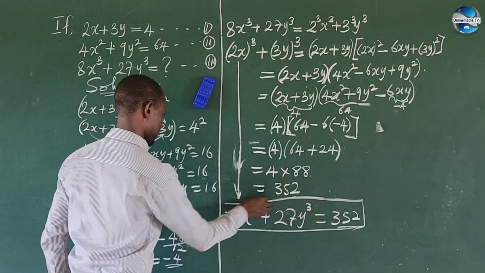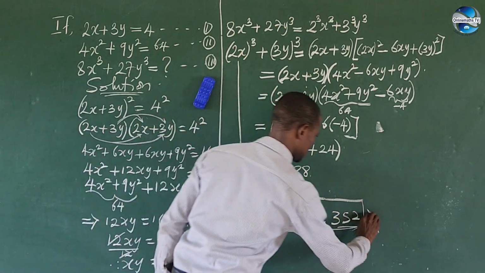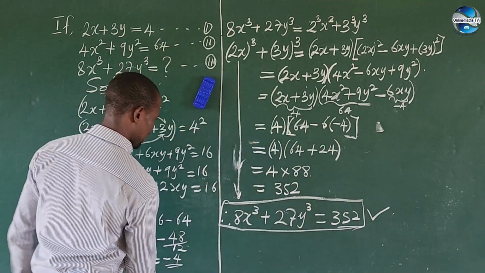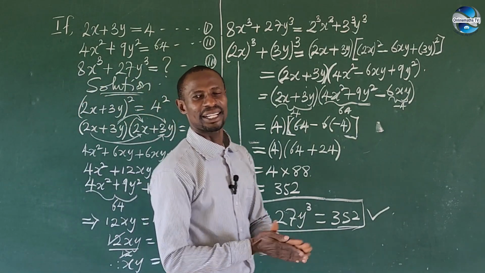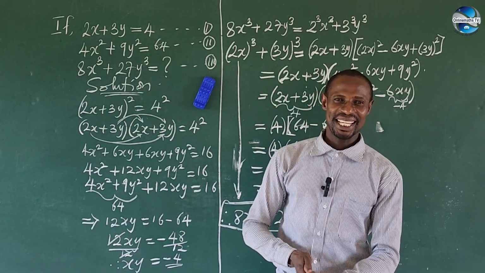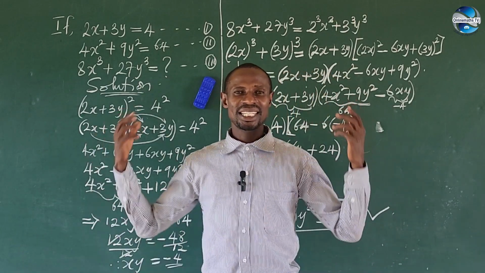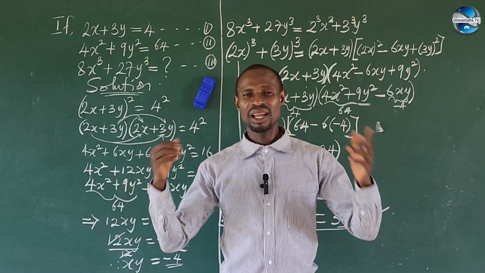So as easy as ABC. All right, so we have 352 as our final answer. This marks the end of this simple math problem.